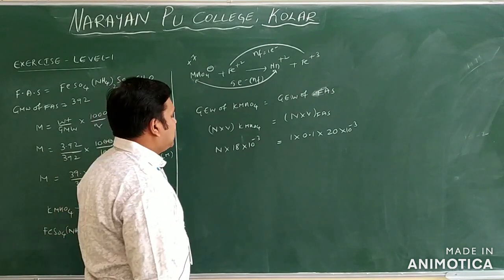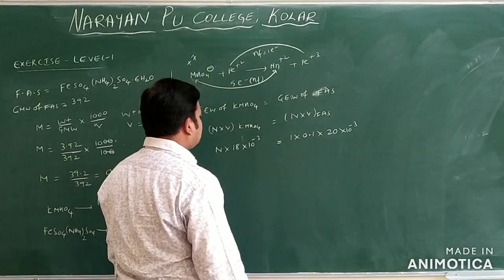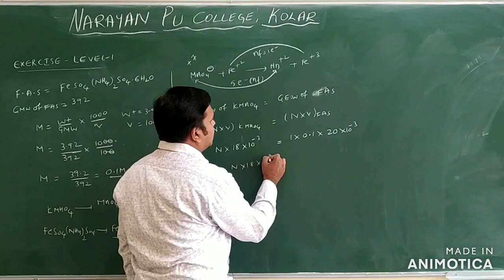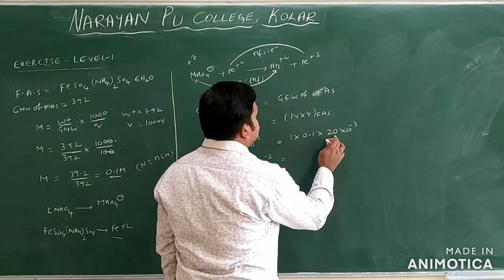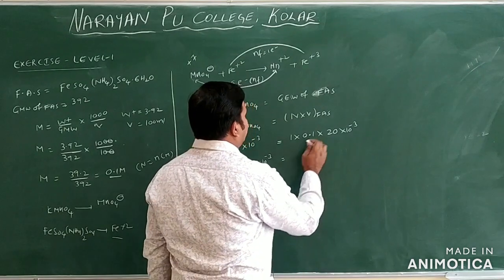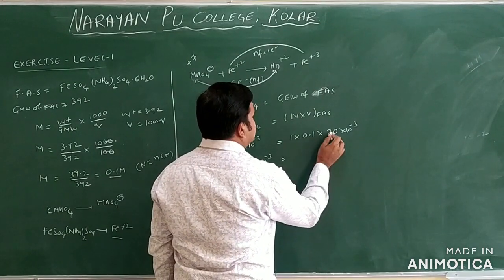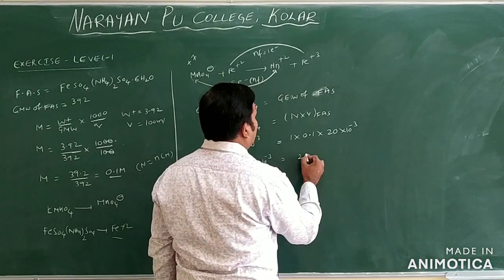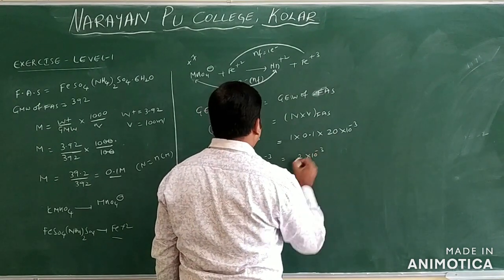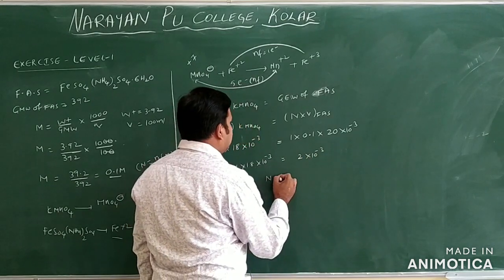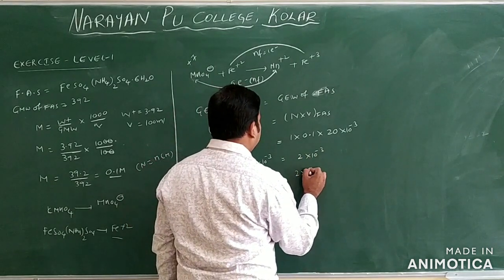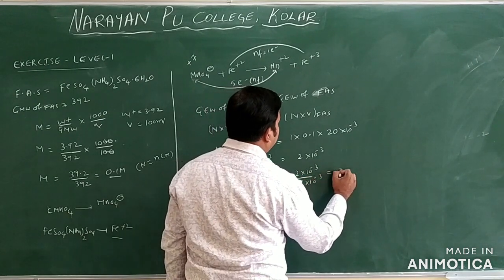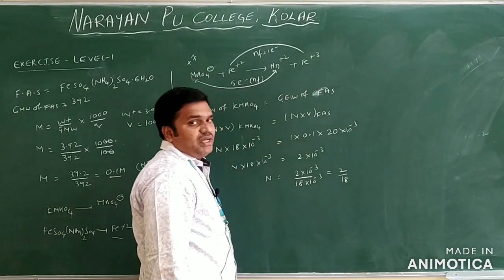So N into 18 into 10 power minus 3 is equal to 20 into 0.1, that is 2, into 10 power minus 3. So normality N is equal to 2 into 10 power minus 3 by 18 into 10 power minus 3, which gives 2 by 18.